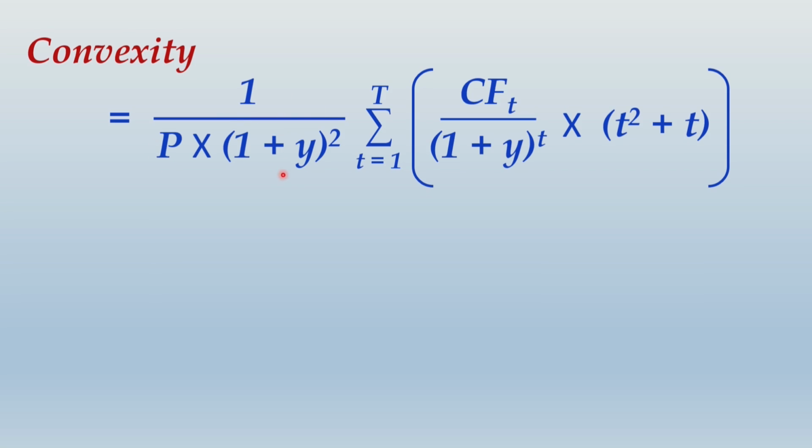Now, this term needs to be multiplied by the summation of this whole thing. What is this whole thing within the brackets? It is the cash flow at time t divided by (1 plus yield rate) raised to t. Actually, this term is nothing but the present value of the cash flow, multiplied by (t square plus t).